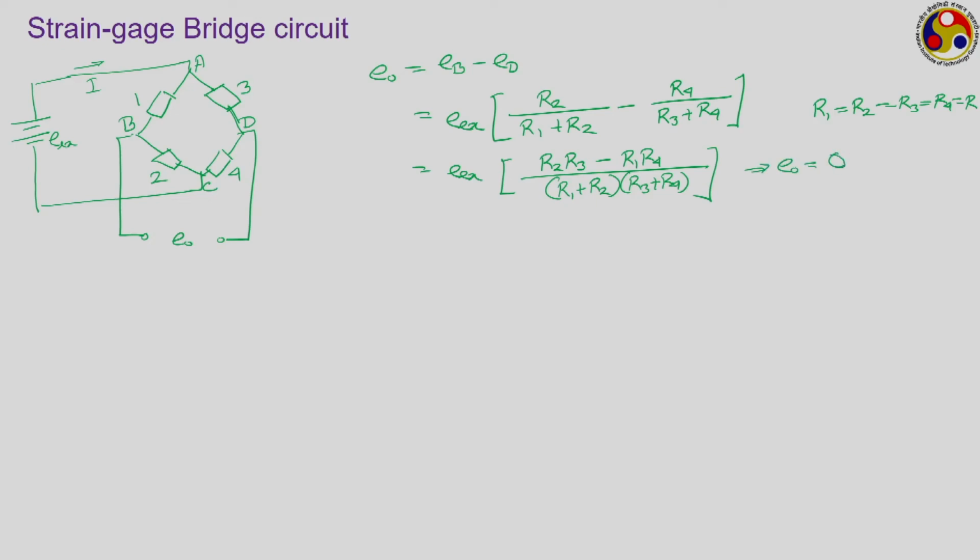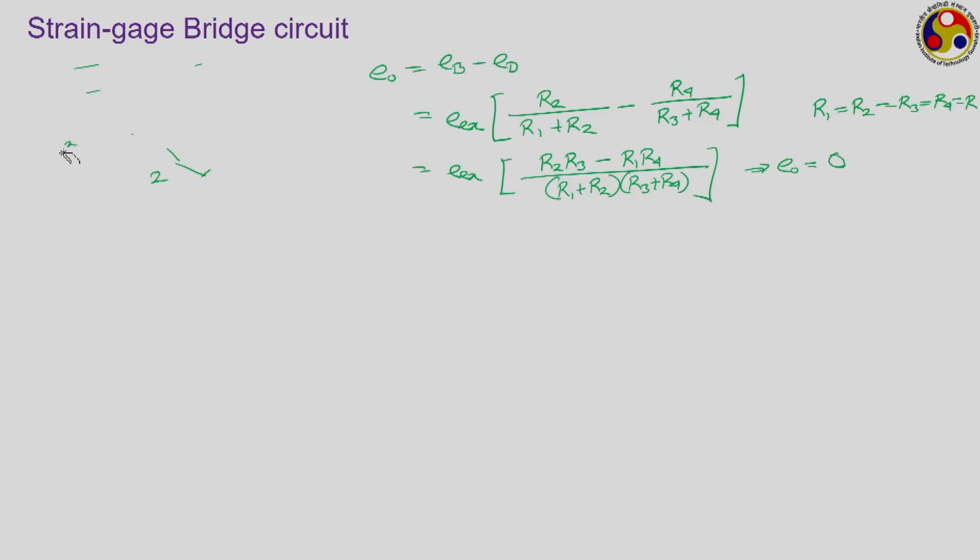Now, instead of connecting one of the resistances to a strain gauge, what we do is connect two of them to two different strain gauges, but those two strain gauges are used in different ways. I am erasing this so that I can draw the situation.